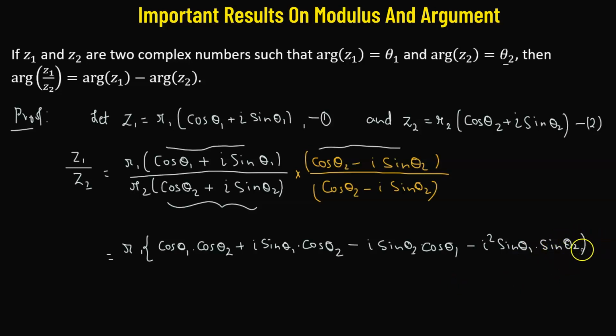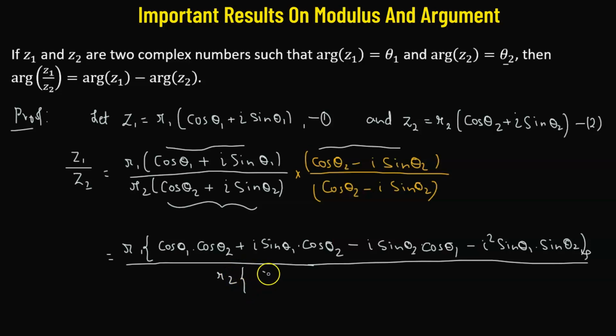Fine. So this is the numerator part and whole divided by the denominator. In the denominator we have r2 times cosine theta 2 plus i sin theta 2 and it's multiplied to its conjugate. So we'll have cosine squared theta 2 minus iota times sine theta 2 whole square.